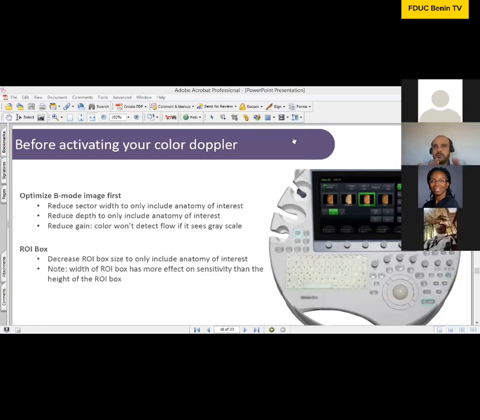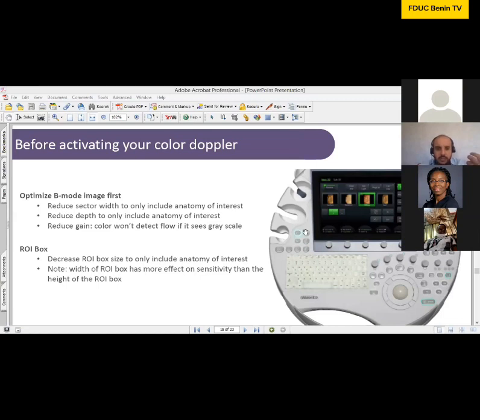If you are on the heart, on the 4-chamber view, and you just want to check the permeability of the septum, include only the 4 chambers in your box. Why? Because it will increase the sensitivity of your color Doppler. If you take a large box, you will really lose in terms of sensitivity of the color Doppler.